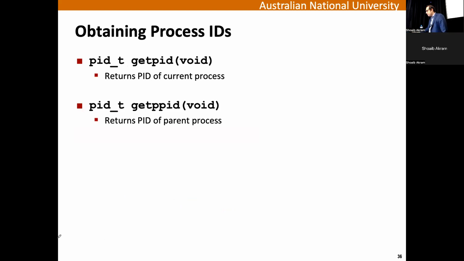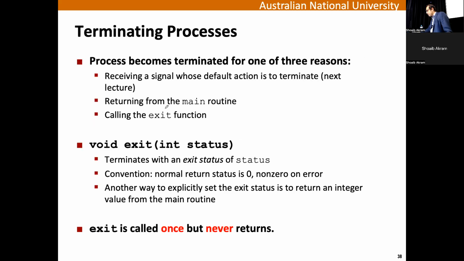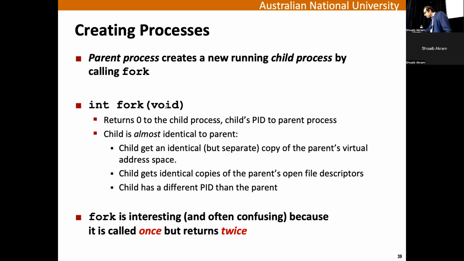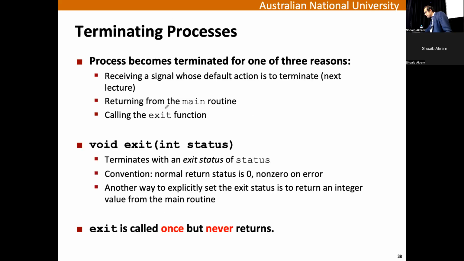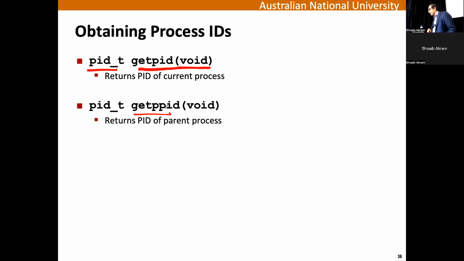You can get the process ID for a process when the process is running. If it calls getpid, you will get the process ID, and you can get the process ID of the parent process. Now, I think it's important before we actually look at an example, but the example is a bit far away.